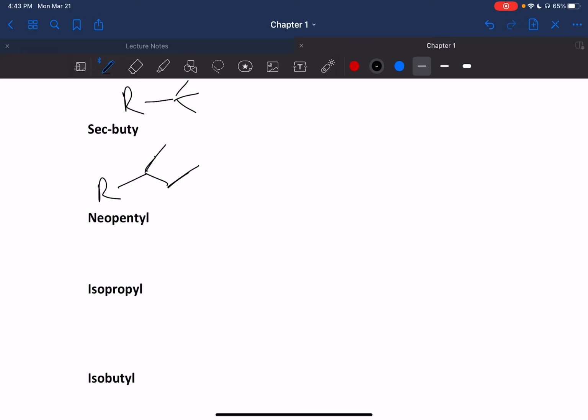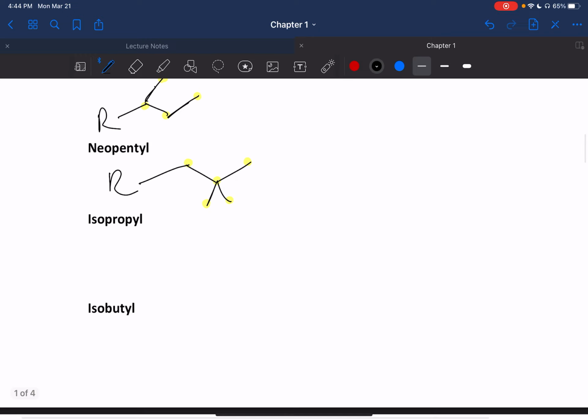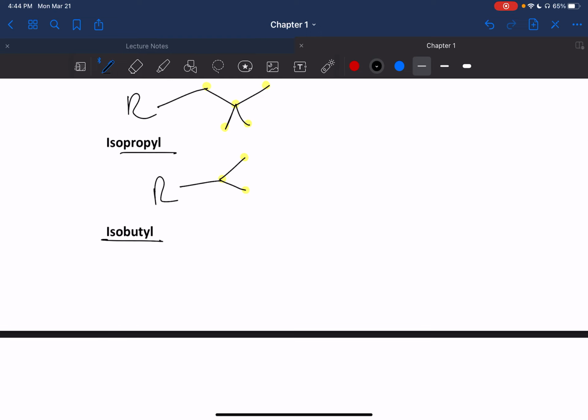So neopentyl looks like this: R, and you see we have carbon 1, 2, 3, 4, 5. Then we go to isopropyl. Isopropyl is very easy. It looks like a Y. 1, 2, 3, there's your 3 carbons for your propyl. Then isobutyl looks like this. 1, 2, 3, 4.